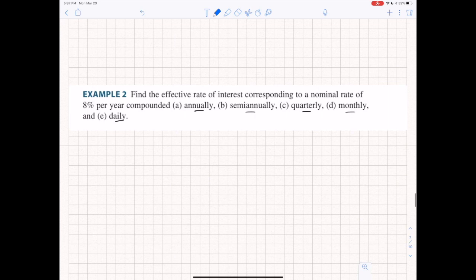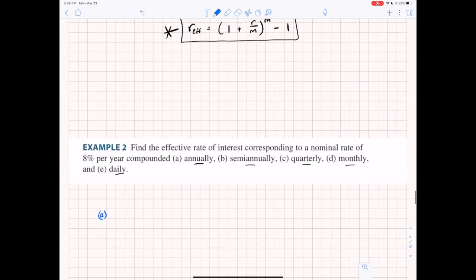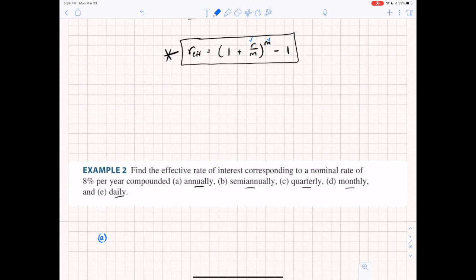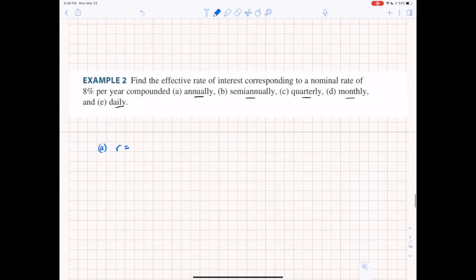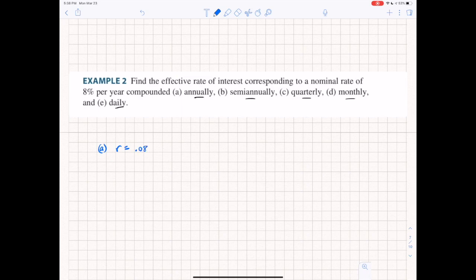Okay, so for A here, notice in the formula that all I really need is R and M. In this case, my nominal rate is 8%, so that'll be 0.08 for each part here. The M is what's going to change, because the M is how many times I'm compounding per year. So if I compound annually, then the effective rate can be calculated by doing parentheses 1 plus 0.08 divided by 1 to the first power minus 1.